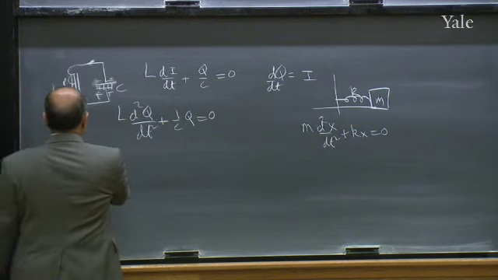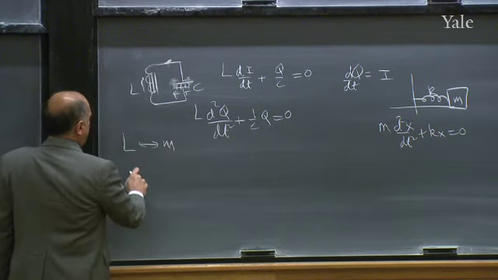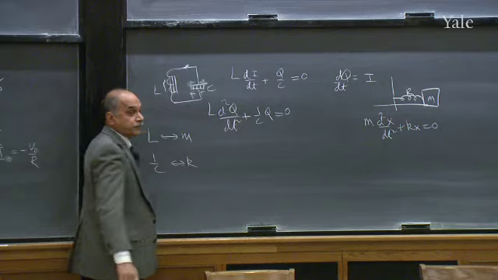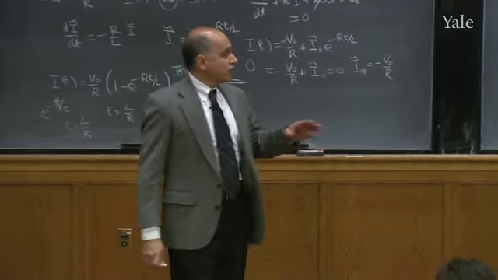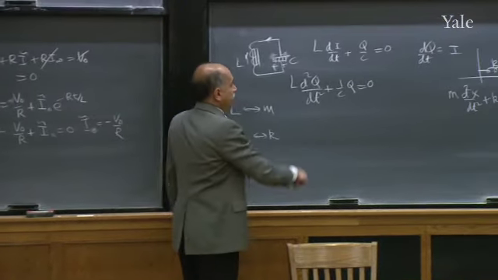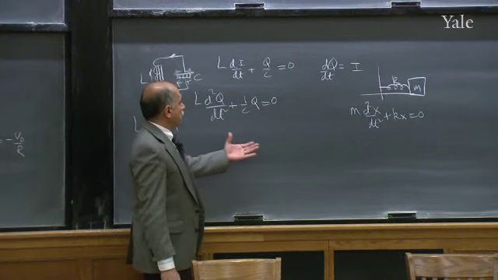And this is an SAT question: L is to m what 1 over C is to k. It's very useful to bear in mind this analogy, because mathematically, this equation and this equation have exactly the same solution. It's no more difficult to solve this one than that one.